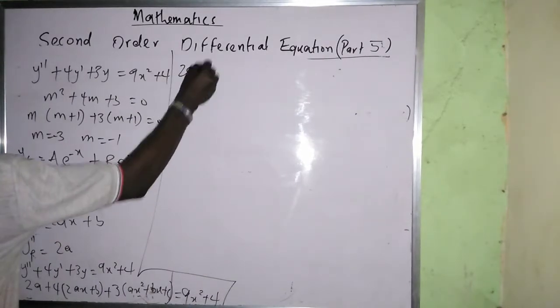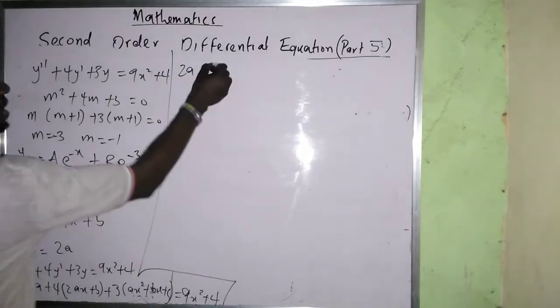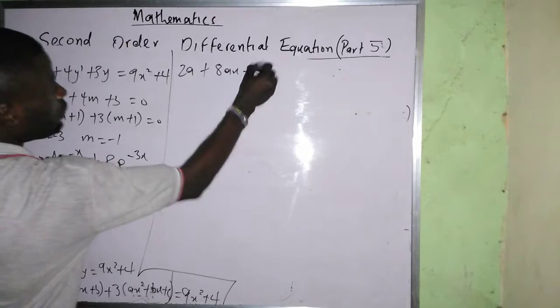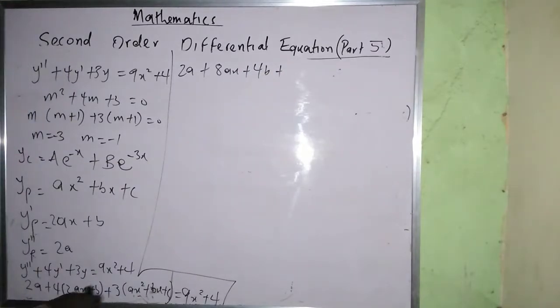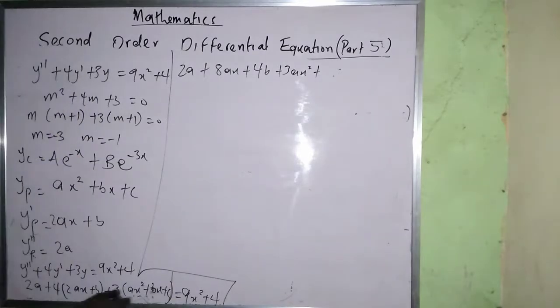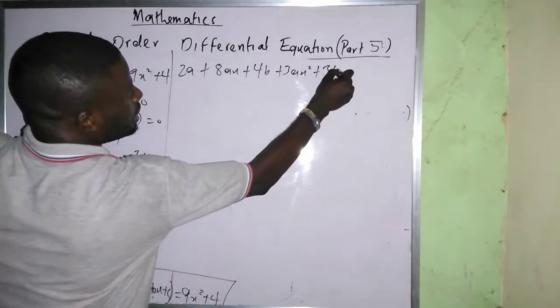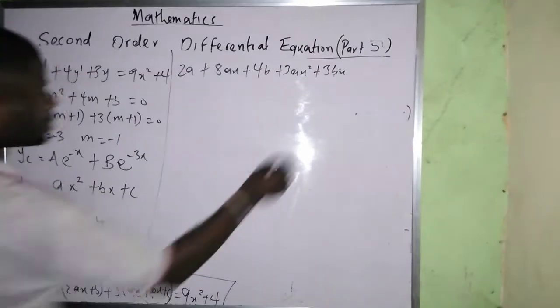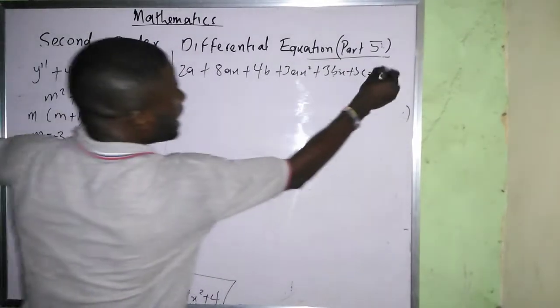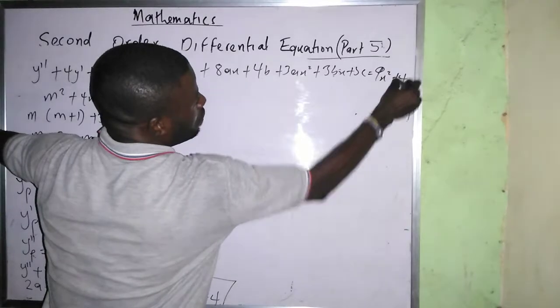I'll be having 2a plus 8ax plus 4b plus 3ax squared plus 3bx plus 3c equals 9x squared plus 4.